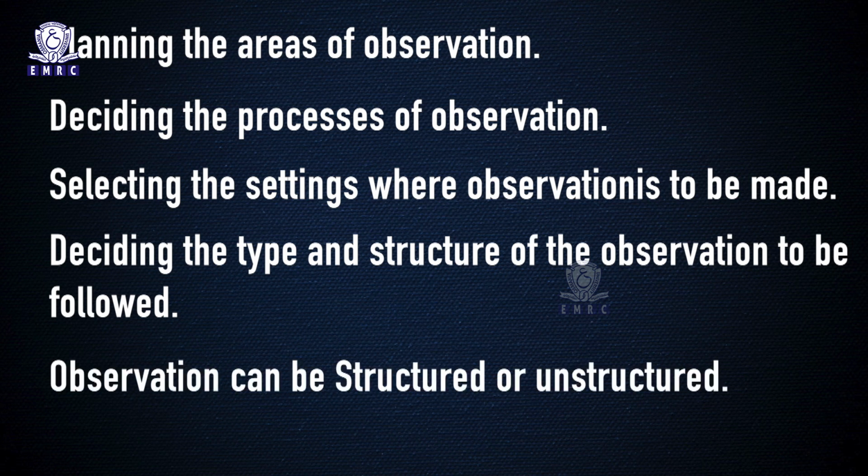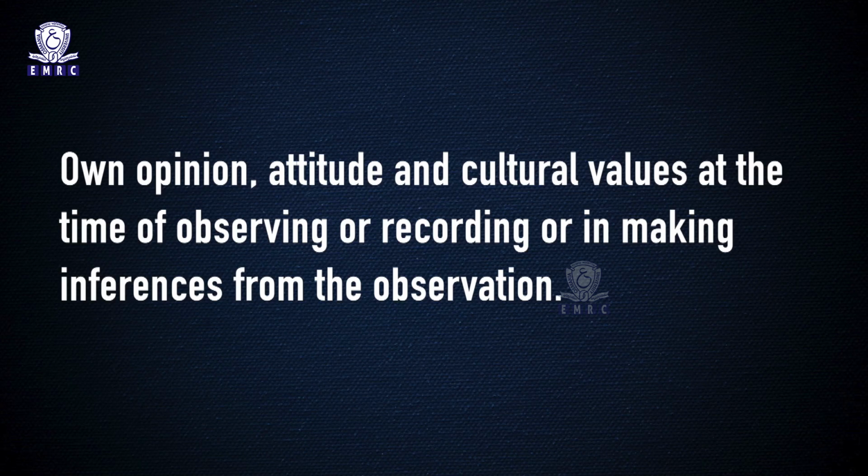Observation can be structured or unstructured, participant or non-participant in nature. In the process of observation, there are different sources of bias. Bias due to observer happens when the observer is influenced by his own opinion, attitude, and cultural values at the time of observing or recording or in making inferences from the observation.